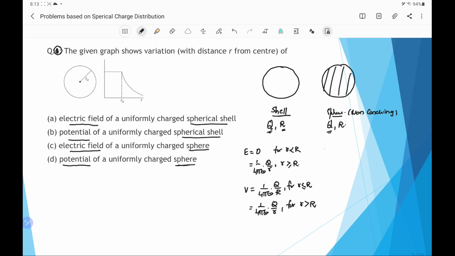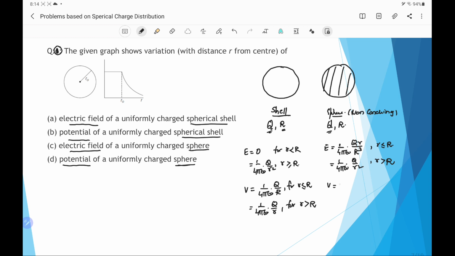So for the non-conducting sphere, E is equal to 1 by 4 pi epsilon naught Q r, that is small r, by capital R cube. This is the field when r is less than or equal to capital R. And it is equal to 1 by 4 pi epsilon naught Q by r square when r is greater than capital R. This is the electric field due to a non-conducting sphere.